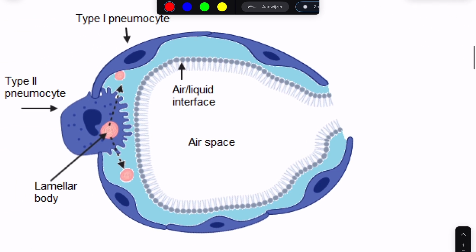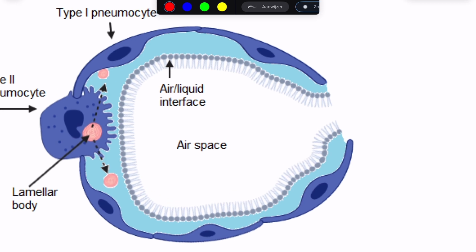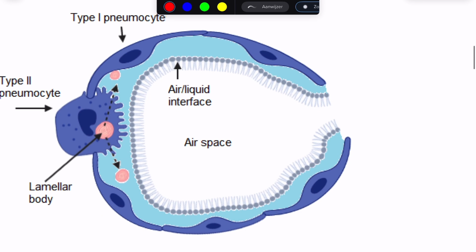But in reality, you have the cell types, and then a layer of water molecules, of H2O. And this H2O is the reason why the alveoli have the ability to collapse. Since alveoli are very small structures, there's not a lot of surface tension needed for them to collapse when exhaling. So this is the air-liquid interface.